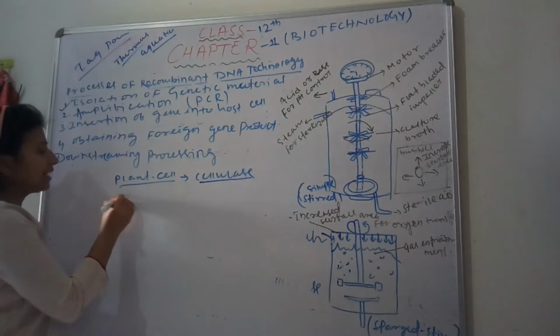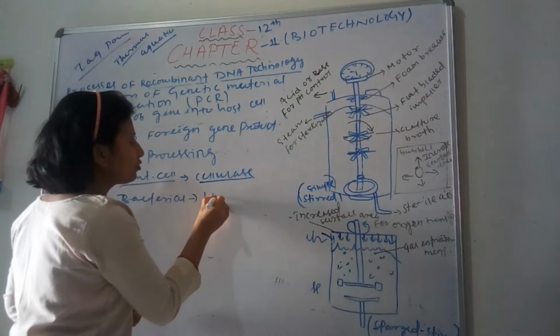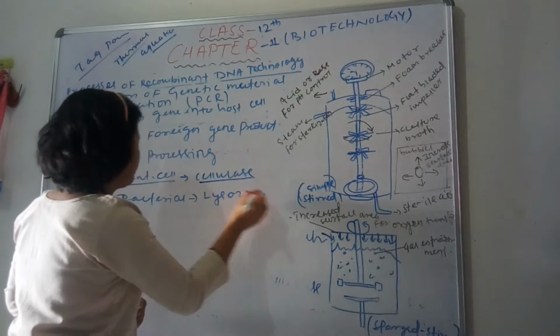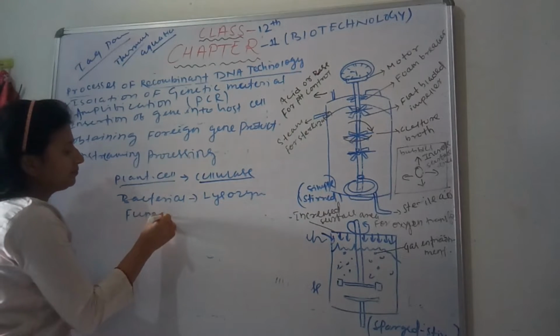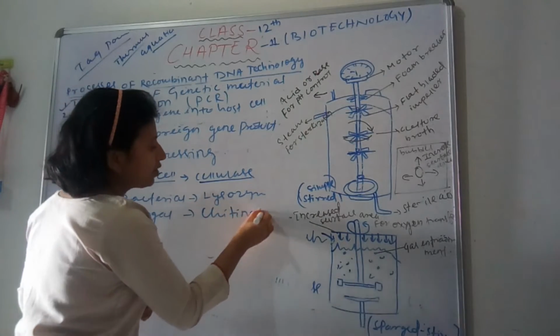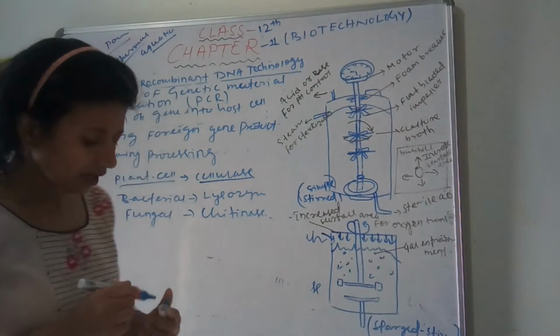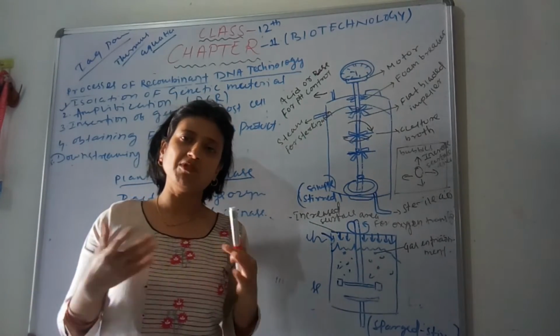If we are extracting it from a bacterial cell, then we need lysozyme. Then for fungal cell wall digestion, we need chitinase. In this way, we can extract the DNA from bacterial, plant, animal or fungal cell.